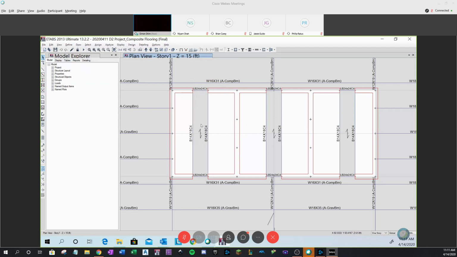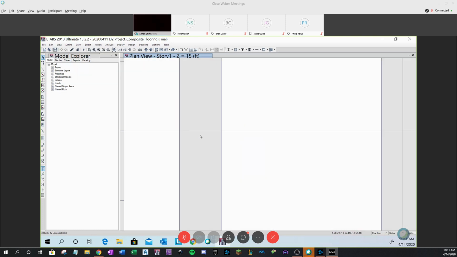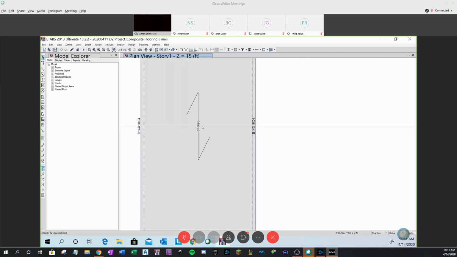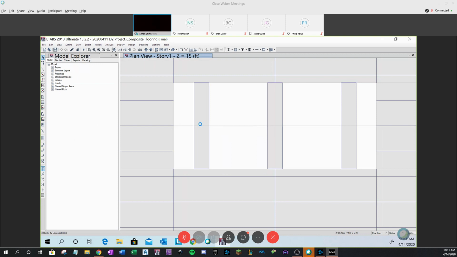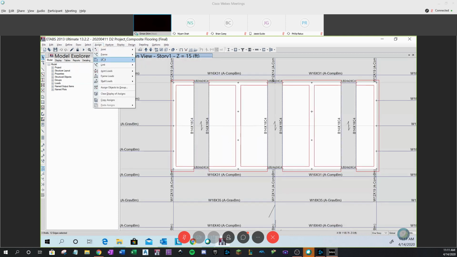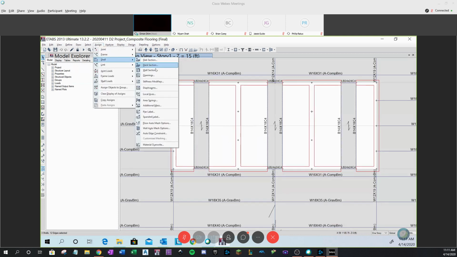So in that case, the gravity floor load is most likely one way. Especially in these cases, we are using a concrete slab, not a metal deck slab, but the load is going to flow across the floor in the short direction.